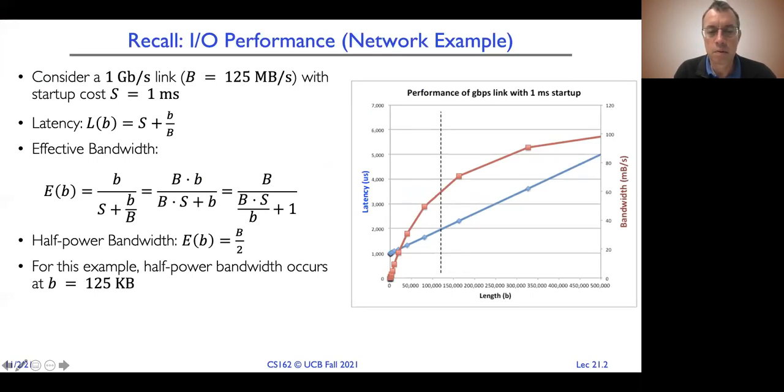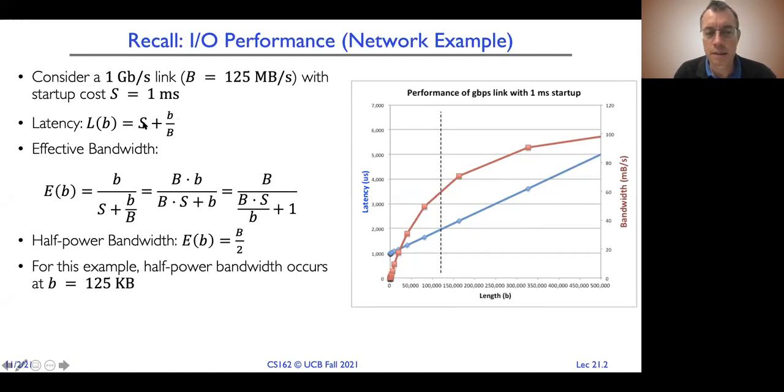This is one way to model performance, in particular for something like a network. If you send a packet with a certain number of bits, say small b, and the network capacity is capital B bits per second, then this is a formula for latency.